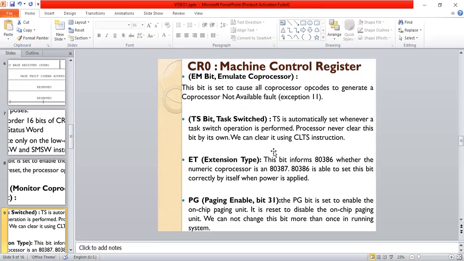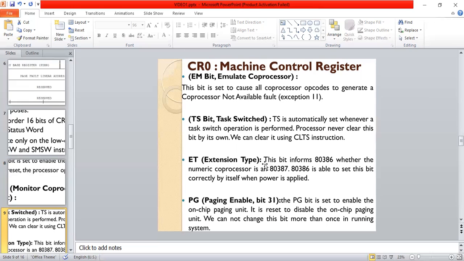We can clear it using the CLTS instruction. With the extension type bit, this bit forms the machine status word. Whether the numeric coprocessor is an 80387, the 386 is able to set this bit correctly by itself when power is applied.